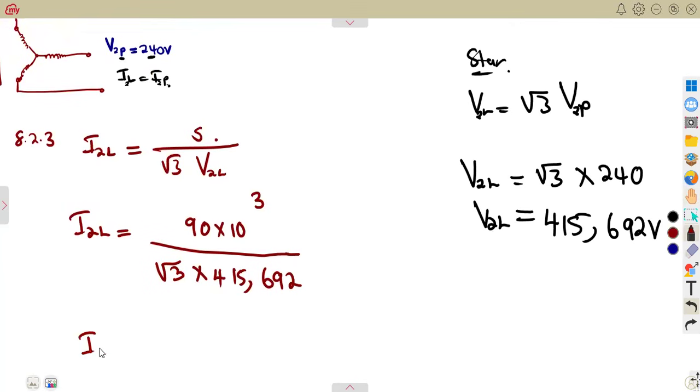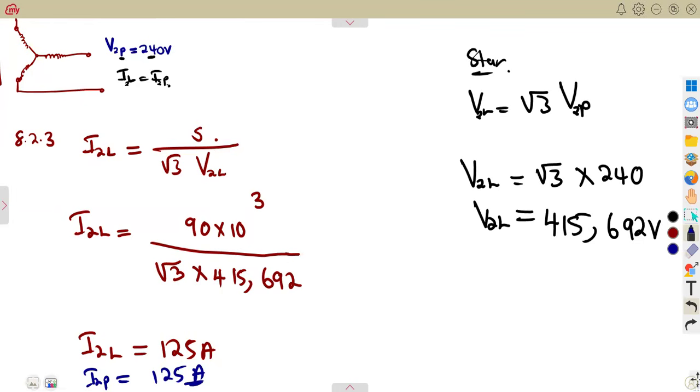So that is going to give us the current, which is 125 amps. And this is exactly the same as the phase current. Remember, we are working with a star, and in a star connection, the current on the line is the same as the current on the phase.